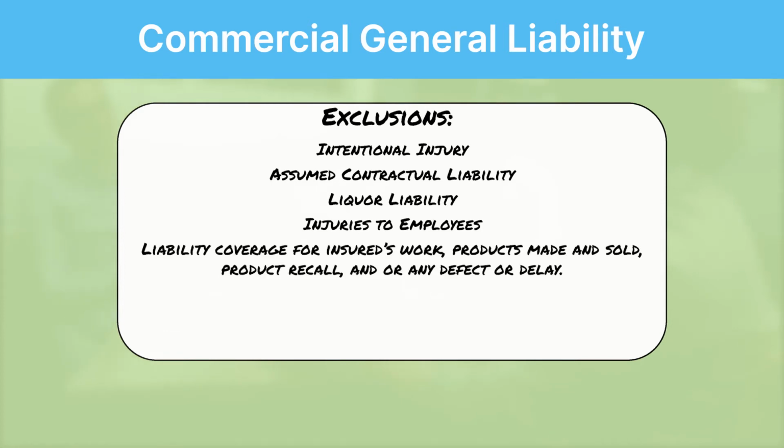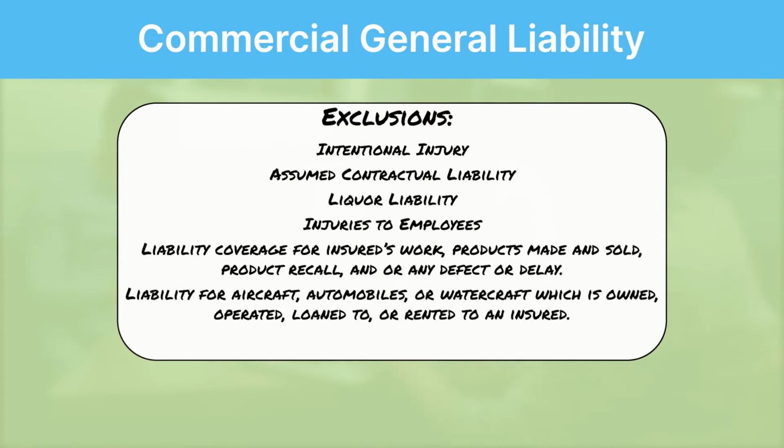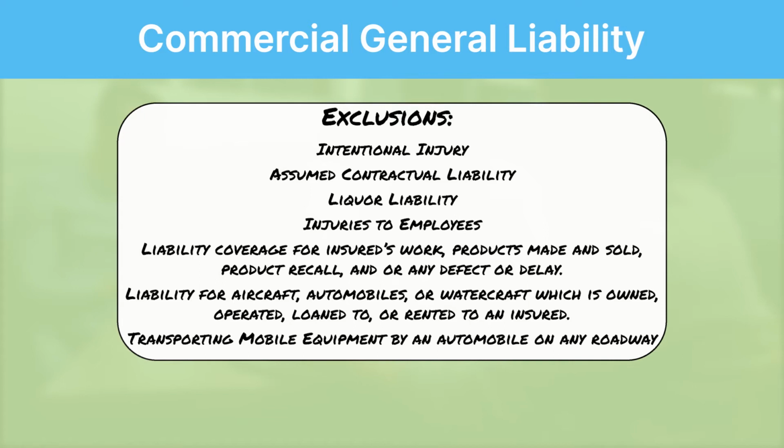Coverage A also excludes liability coverage for the insured's work, products made and sold, product recall, and/or any defect or delay. Coverage A of the CGL excludes liability for aircraft, automobiles, or watercraft which is owned, operated, loaned to, or rented to an insured. Coverage is also excluded for transporting mobile equipment by an automobile on any roadway.